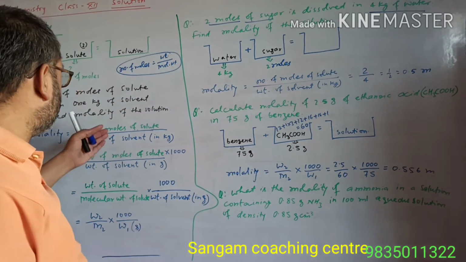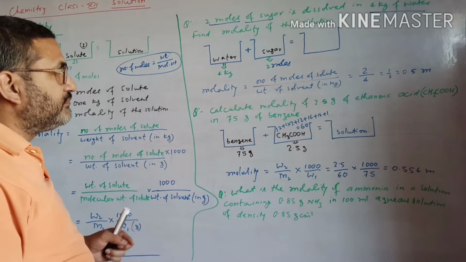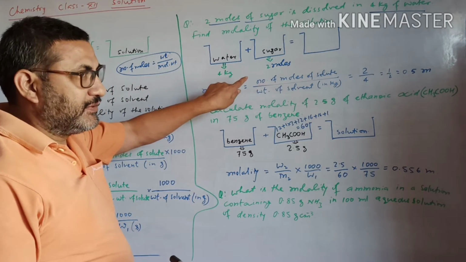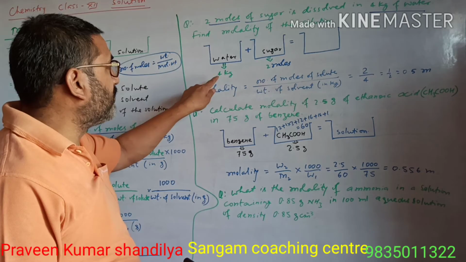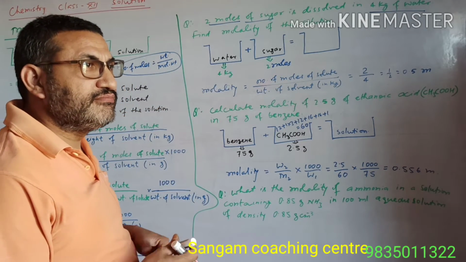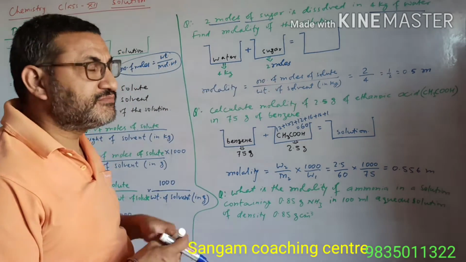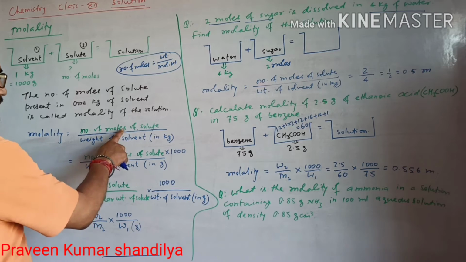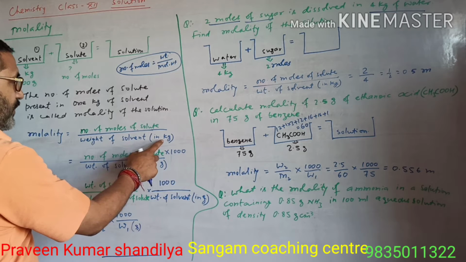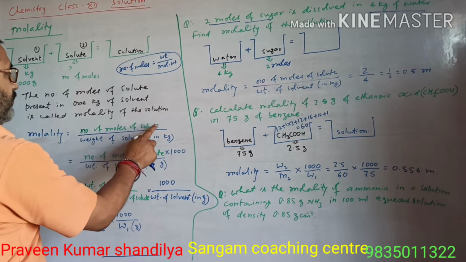I have different formulas here, but which formula can we apply? We have to see in which formula there is kg and moles. This is the formula with weight of solvent in kg and number of moles of solute.